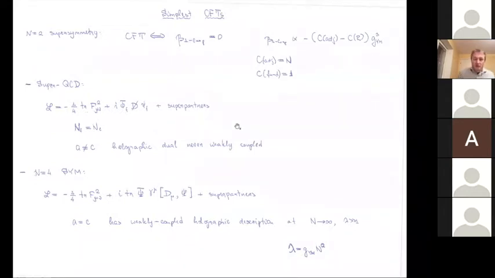So I'll be considering theories with N=2 supersymmetry. In that case, the condition that the theory is conformal is very simple. It means that the one-loop beta function should be equal to 0, because in N=2 the beta function is one-loop exact. So if it's 0 at one loop, it's 0 to all orders.